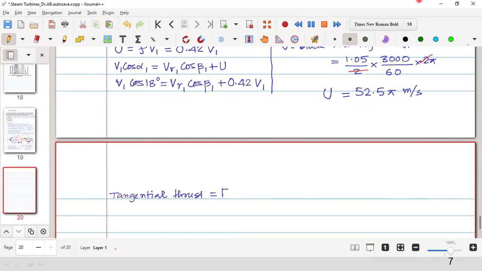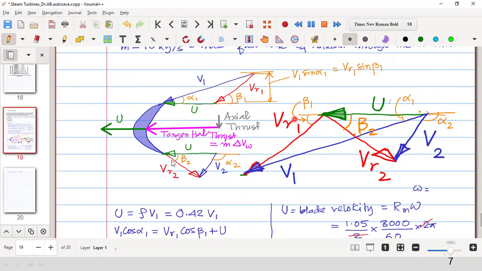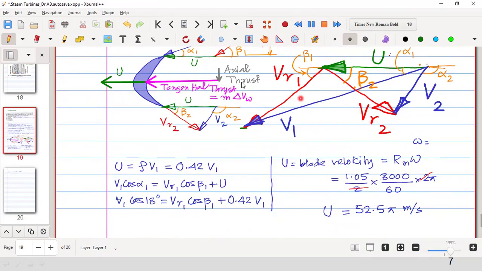Say Fu is equal to mass flow rate multiplied by delta VW. Mass flow rate we know, and delta VW is what? Basically VR1 cos beta 1 plus VR2 cos beta 2. So that is from the velocity triangle. So this is total VW.